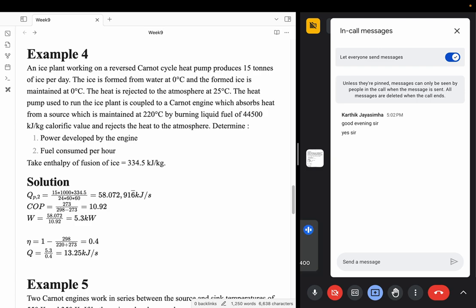So this is the amount of heat that needs to be supplied by the first one. The power developed by the engine should be around 5.3 kilowatt. For the fuel consumed, first we calculated the net amount of heat that you require to supply. From this, you know the calorific value. So what is the amount of fuel that you have to burn?